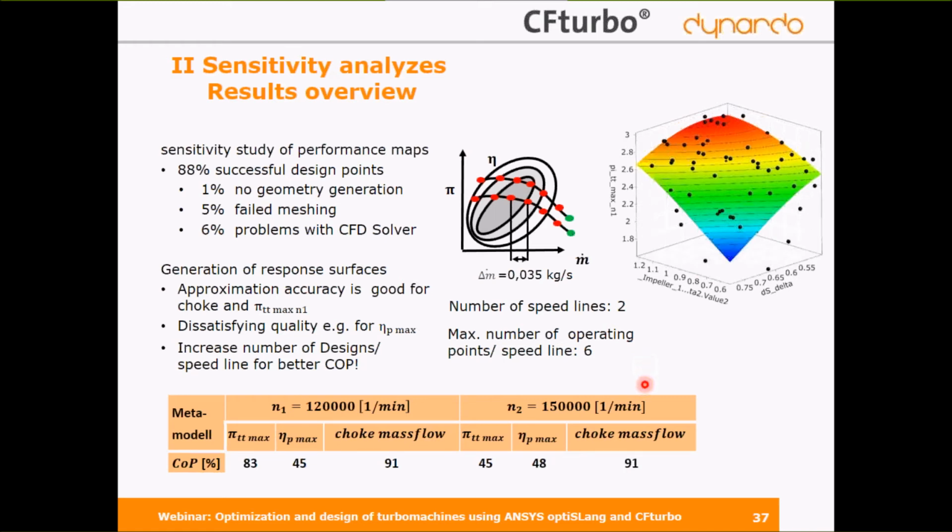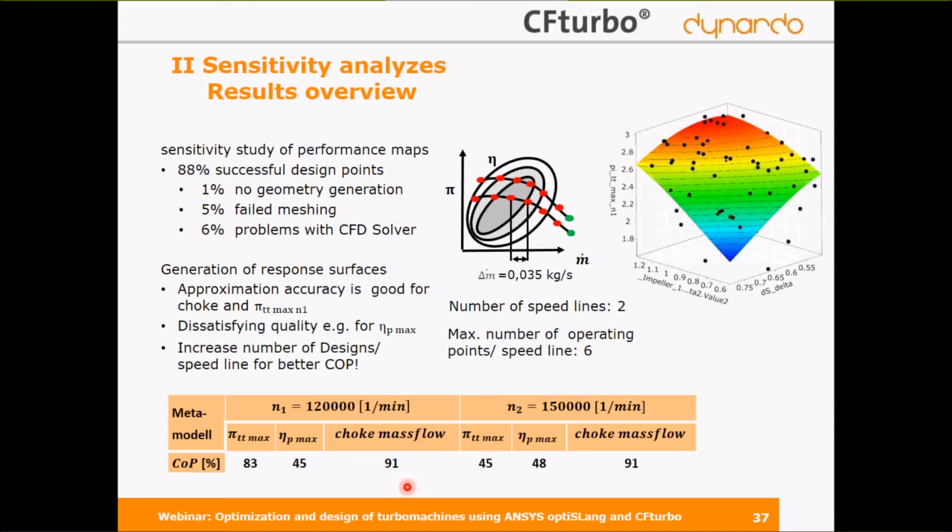It tells you how reliable, how good the prognosis quality of a response surface is. In this case, 6 response surfaces have been set up in a completely automated workflow for 2 speed lines, first speed line and the second speed line, and it has been evaluated for maximum pressure ratio, maximum efficiency, and the choke mass flow.